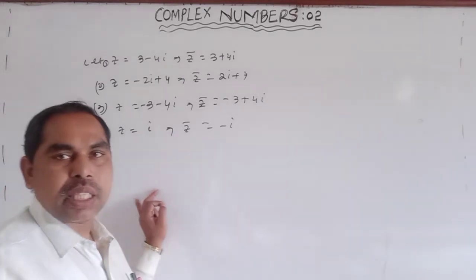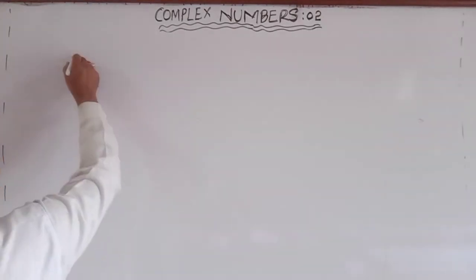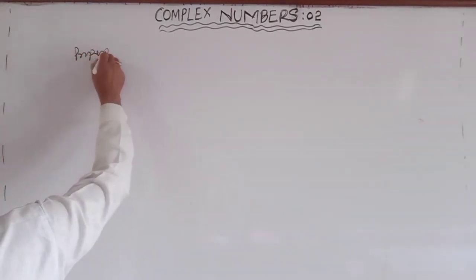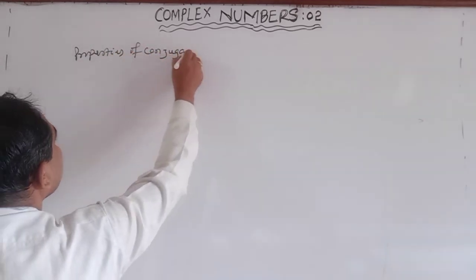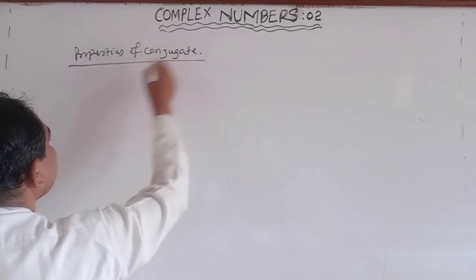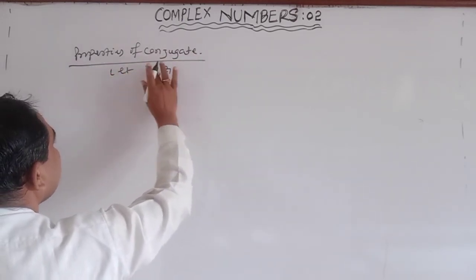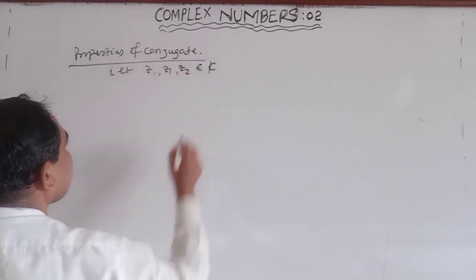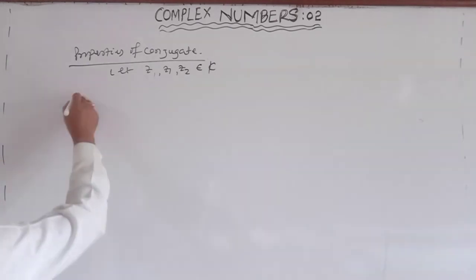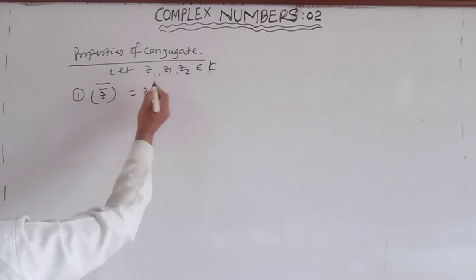Next, properties of conjugate. Let z, z1, z2 belong to the set of complex numbers C. Property 1: z bar whole bar is equal to z itself.